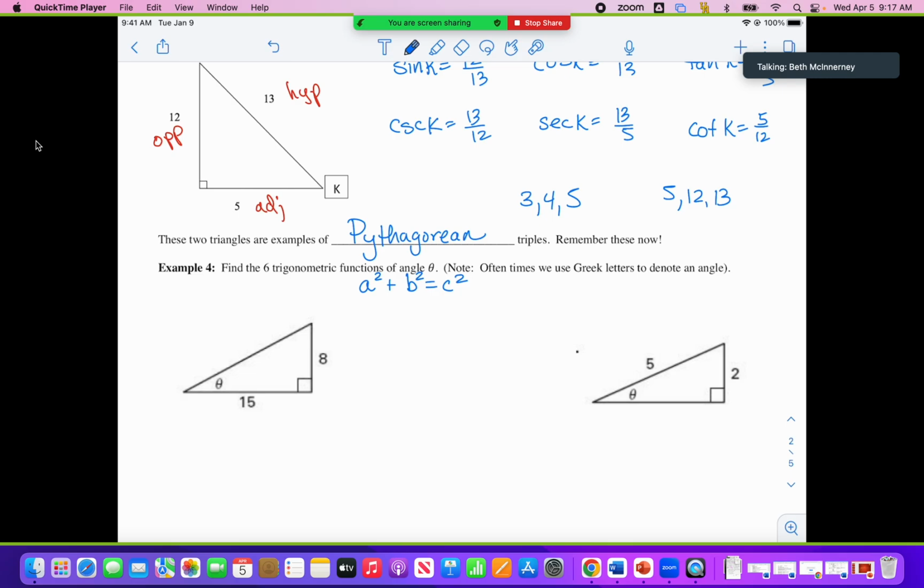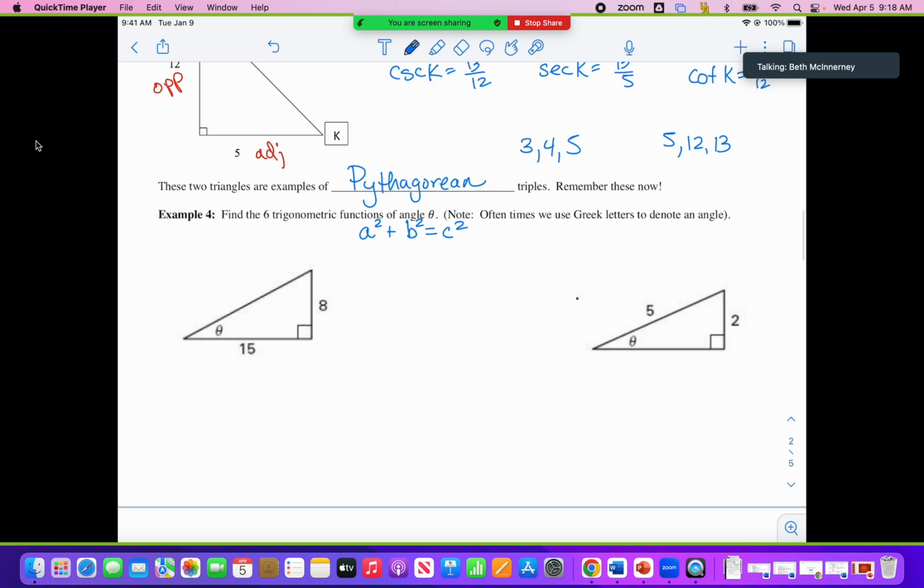You had good thinking there. We can eventually do that to find theta, but all I want to do now is write the 6 trig function ratios of angle theta. So here's what you're going to do: 8 squared plus 15 squared equals c squared. Grab a calculator if you need it.